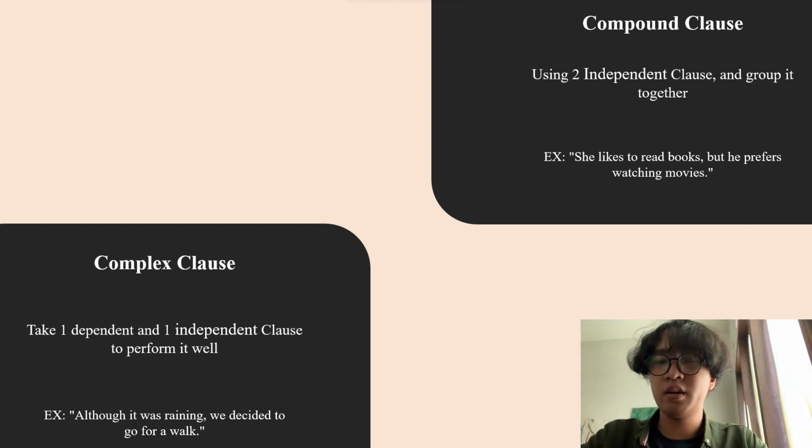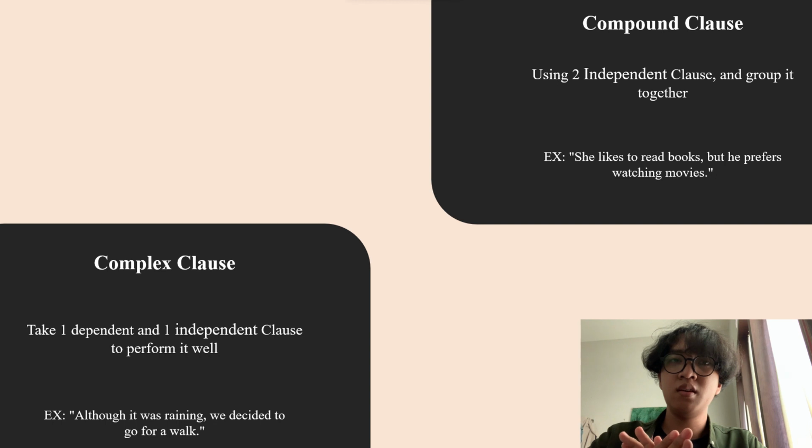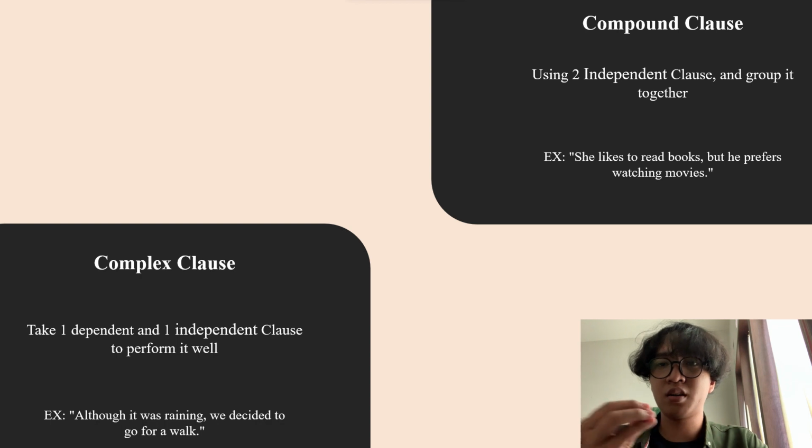For the complex clause example, you have "Although it was raining, we decided to go for a walk." You can remove the first or the last part, but you'll see that there will be one part that needs to be grouped with another clause.